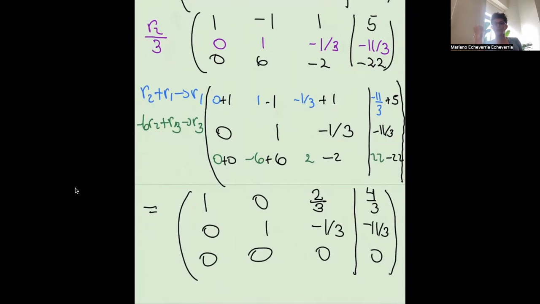Yeah, 1/6 times R3. You could have done those simultaneously. Yes, that would have been fine. You could also have done R3/6 here. Yes. And then you realize you end up getting the same as the second row.